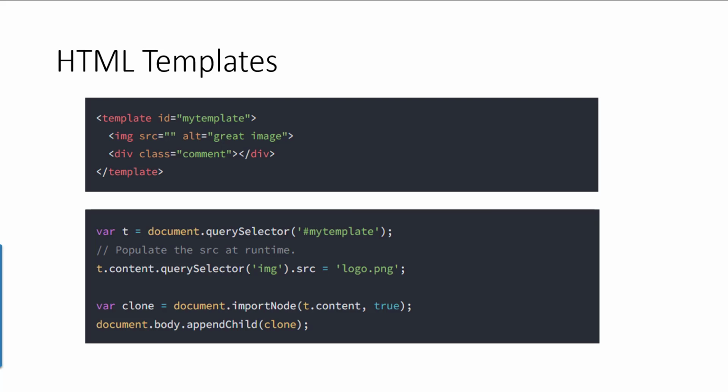So you can see we are accessing the template by its ID and then accessing the image and changing the image source with logo.png, and then we are rendering this template and appending it as a child inside the custom element inside the document.